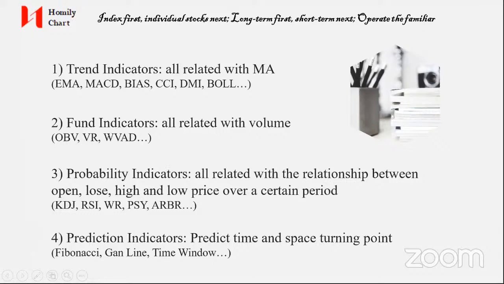Usually trend indicators, okay, are all related with moving average. For example, we have EMA, right? We have MACD. MACD also is a trend indicator because it checks the relationship between different terms of moving averages. Last session, we learned moving average.